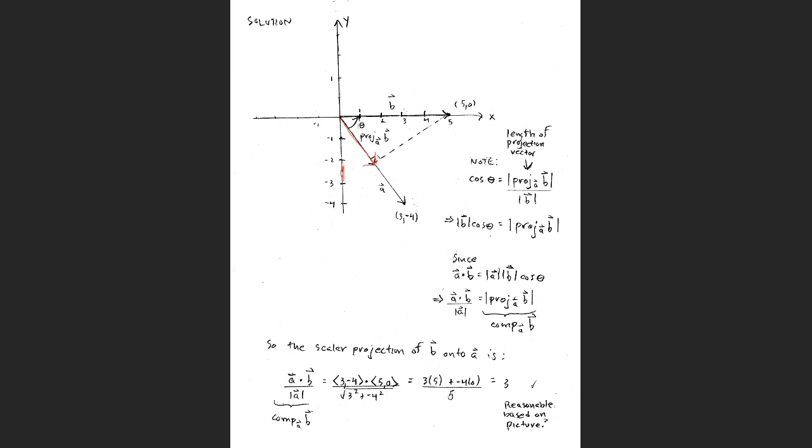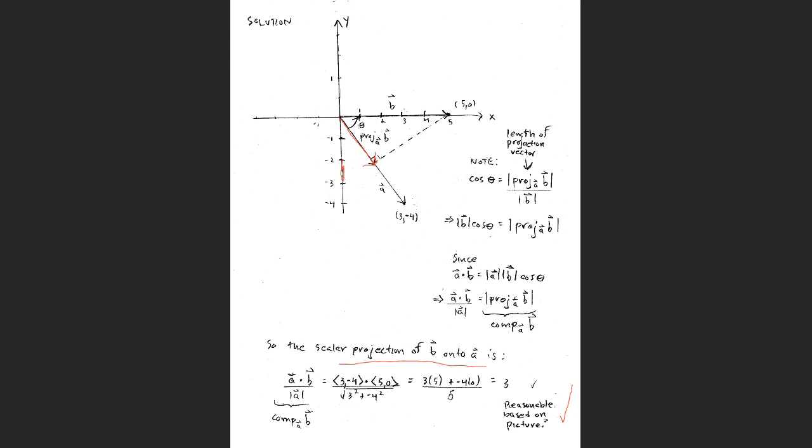Are there any questions on that? All right, so what I'm trying to do is geometrically help you understand what these things mean. The scalar projection of B onto A is just the length of your projection vector.